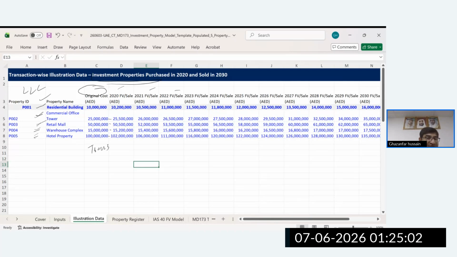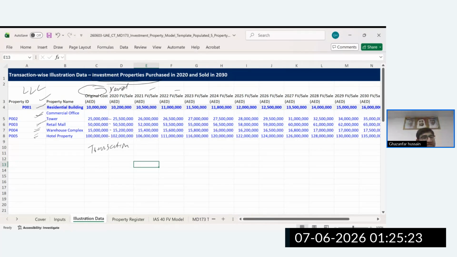Then here is the original transaction value, the original cost. Of course, the date of the purchase will also be there, and these are the year-end figures. At each year-end, we can see the closing balances of that property.